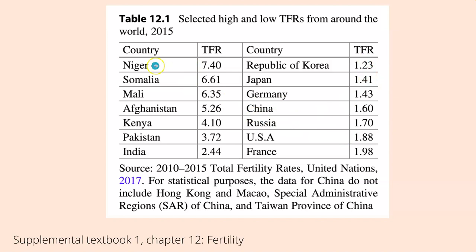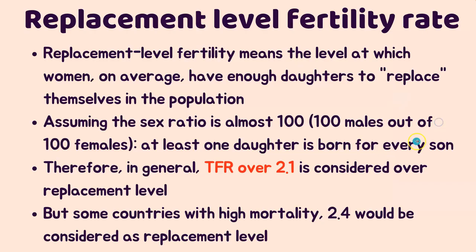But we can see that many countries have a very high level, but some countries have a very low level. So, replacement level. In general, children are born from couples, and in many cases, not always, because there are same-sex marriages and other types of family formation. But we assume that two adults meet each other and have babies.